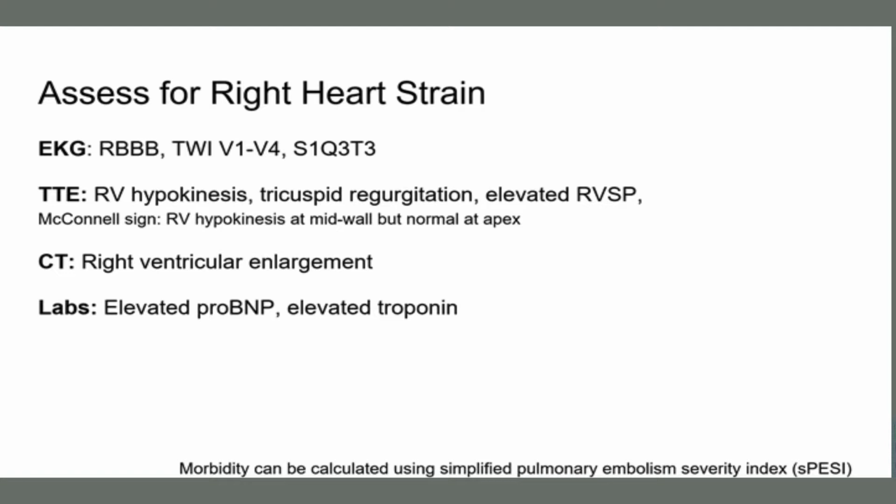On a CT, you might see right ventricular enlargement. And then with labs, you can see an elevated proBNP and elevated troponin showing, again, signs of strain on the heart. With some of these findings, you can actually then calculate morbidity estimates using the Simplified Pulmonary Embolism Severity Index.